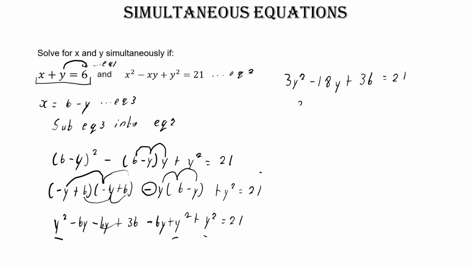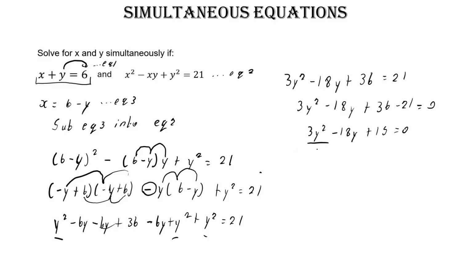Take the 21 to the other side, so 3y squared minus 18y plus 36 minus 21, and make it equal to 0. So 36 minus 21 will give you what? 15. So 3y squared minus 18y plus 15, make it equal to 0.